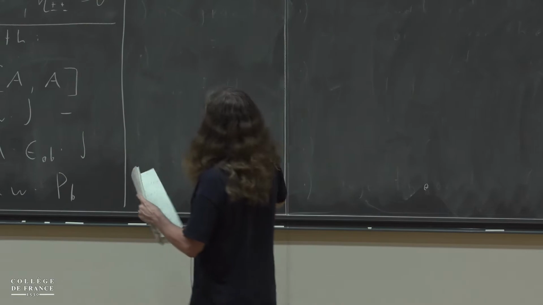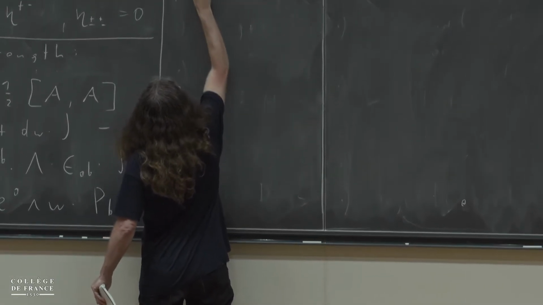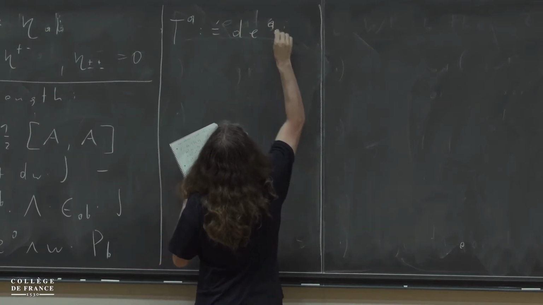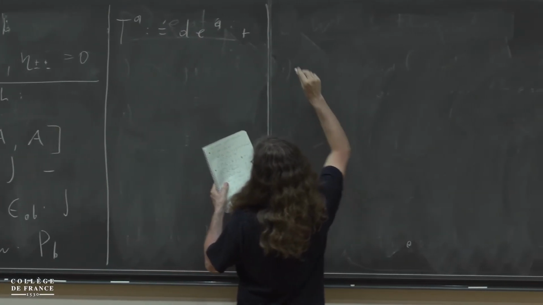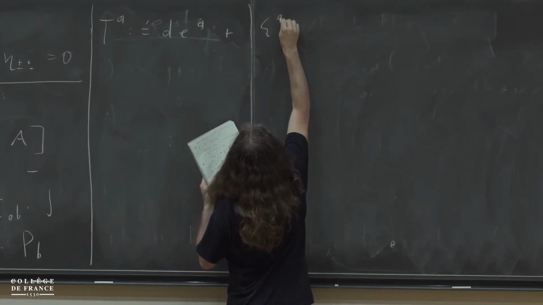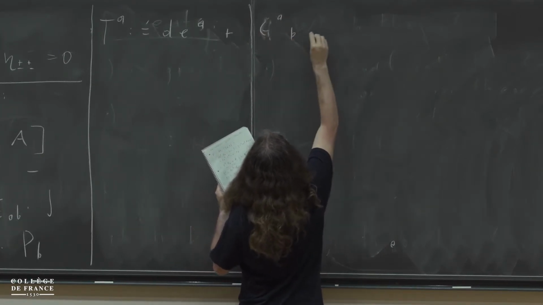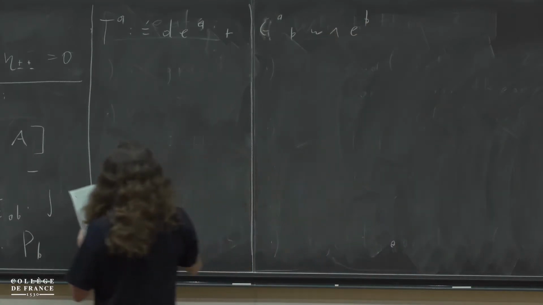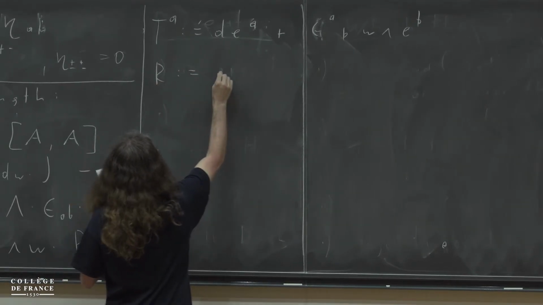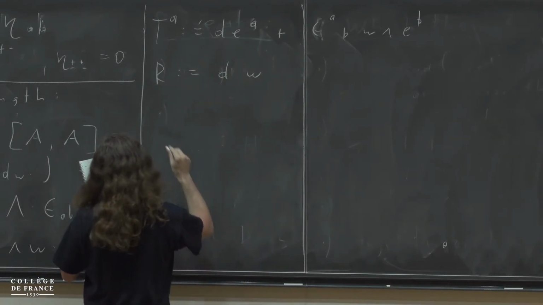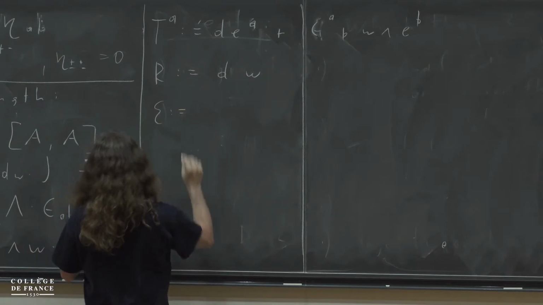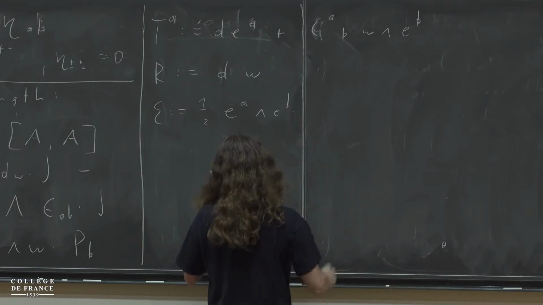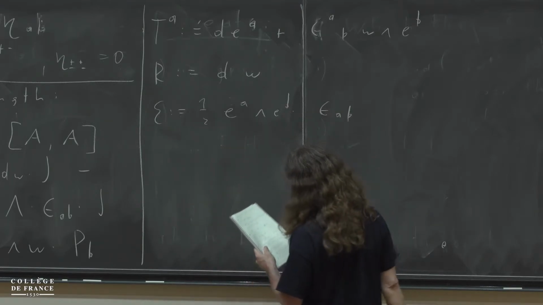So I define the torsion two form TA as DEA plus epsilon AB omega wedge EB, and define the curvature two form as d omega, and the volume two form I define as 1/2 EA wedge EB times epsilon AB.